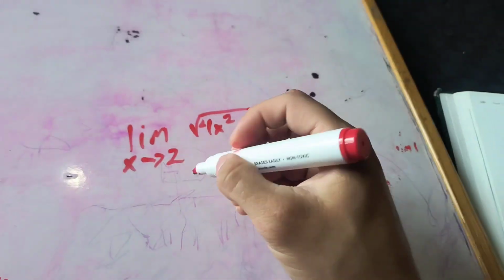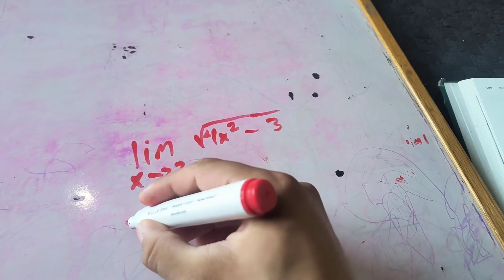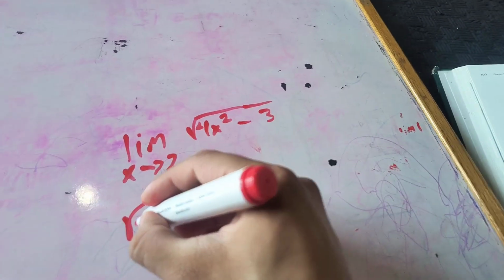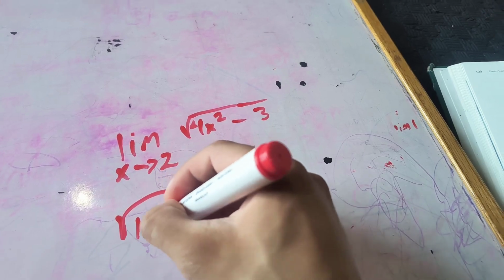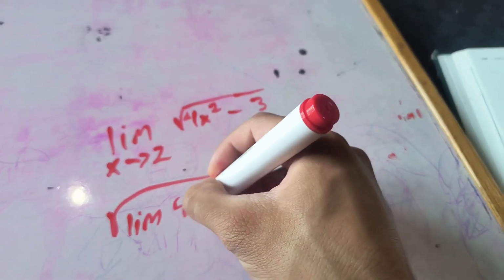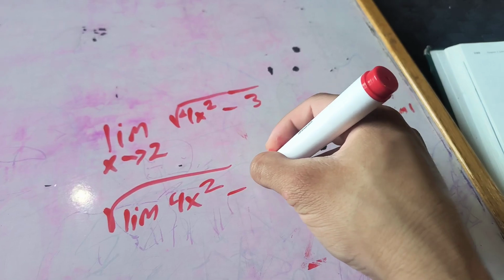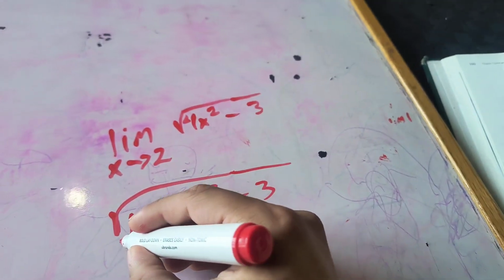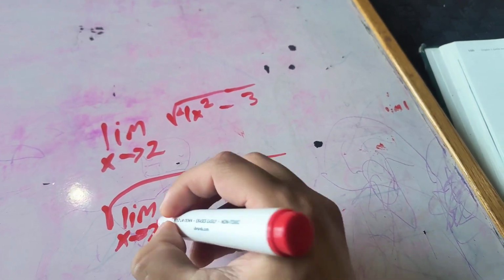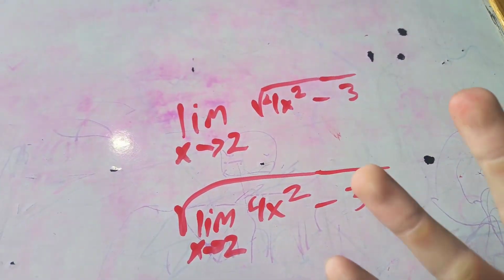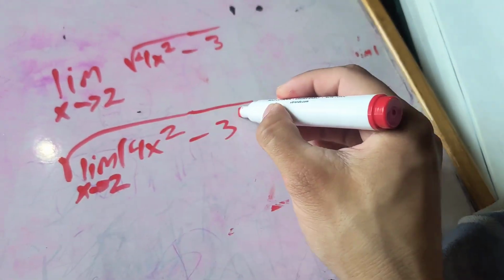Well, this is the same thing as saying the square root of the limit of 4x to the power of 2 minus 3 as x approaches 2. I guess we can put this in parentheses.